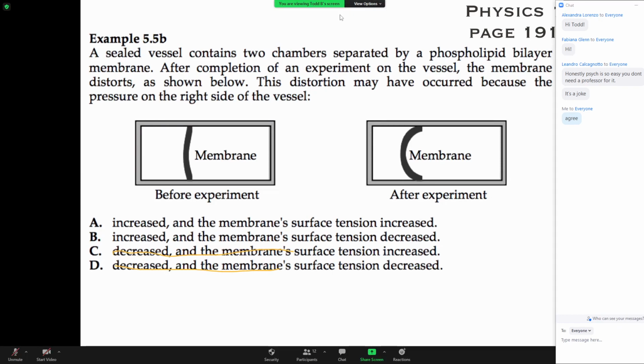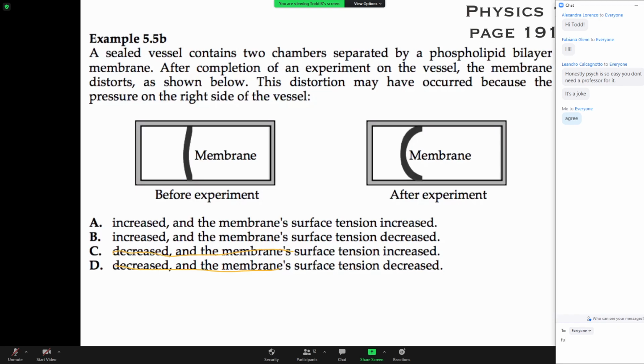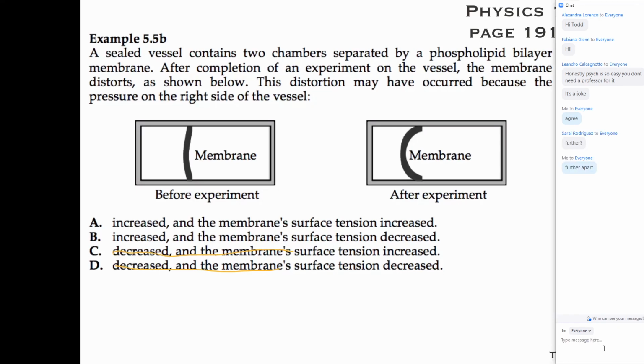So when I go from here to here, are the molecules within that membrane now more tightly packed, or are they further apart from one another? Further apart, exactly. Because the total space they're covering is greater.